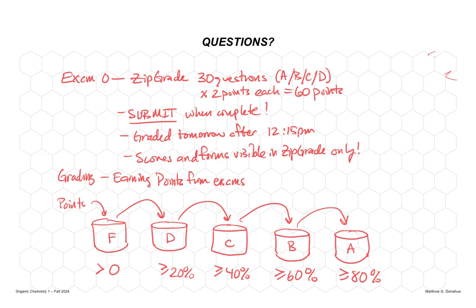Then once you do that, you start filling up the D bucket, and so on. As you can see, if you do nothing, you're going to get an F. But once you get past 20%, you're in the D. Then 40% of the points is a C, 60% is a B, and 80% is an A.